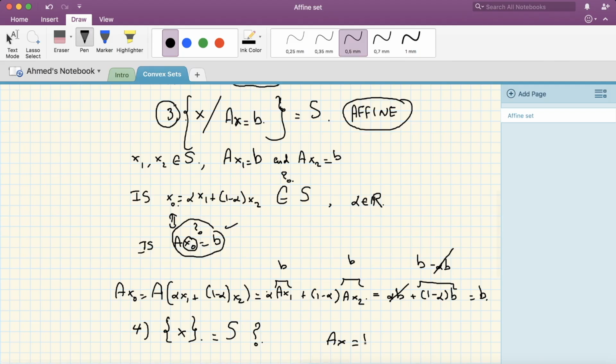So if I choose A equal to I, the identity matrix, and b equal to x, then this set is a particular instance of that set. I mean, we can see example 4 as a special case of example 3. So this means that example 4 is also an affine set. And you can also prove it using the definition. I'll leave that to you. So that's basically it for affine sets.